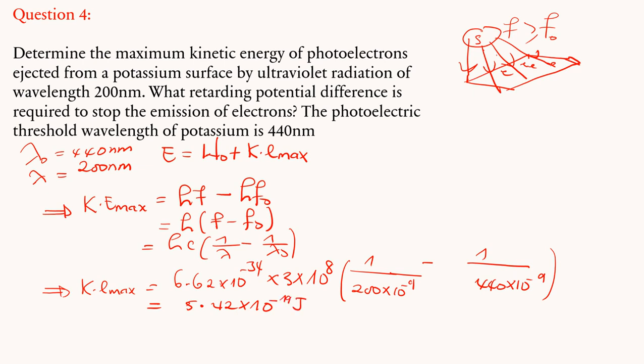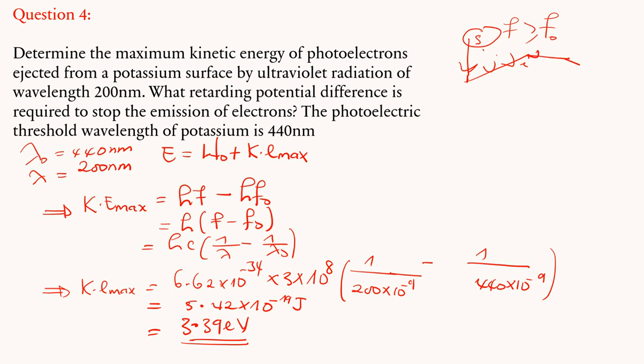We can convert that to electron volts by dividing by 1.6 times 10 to the negative 19. When that is done, 5.42 divided by 1.6 gives approximately 3.39. So we have about 3.39 electron volts.